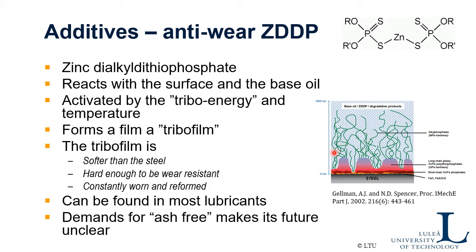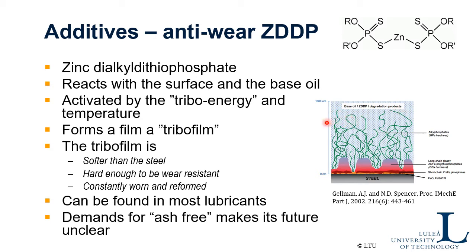That means it doesn't damage the counter surface, and so it's softer than the steel, and the thicker it is, the softer it will be, and the less wear resistant it will be. So it wears off all the time.